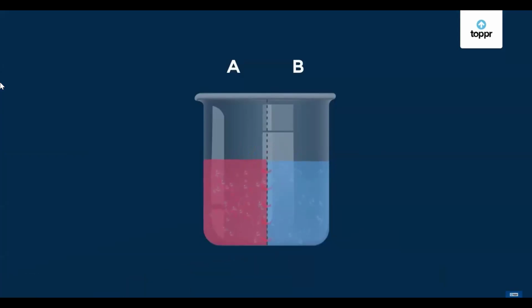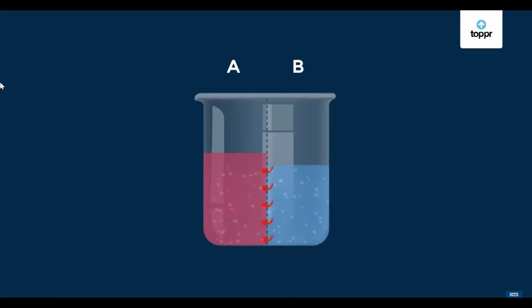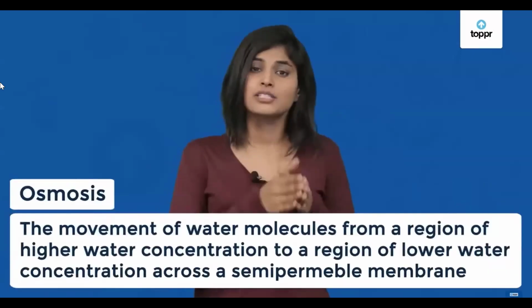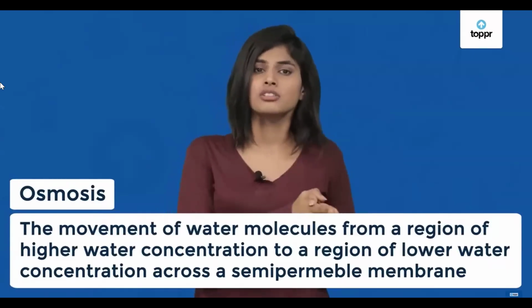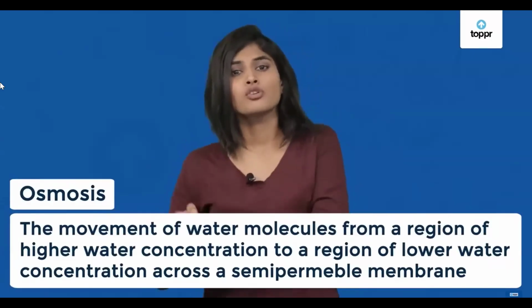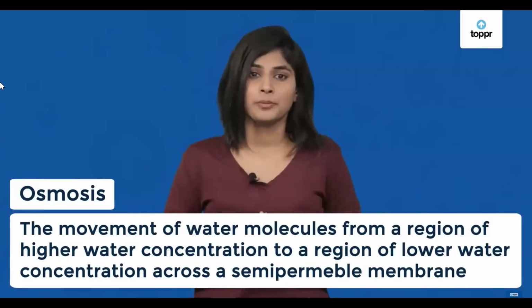Obviously, since a higher concentration of free water is in B, it would be from B to A. We use a special term for this type of movement of water. It is called osmosis. We can define osmosis as the movement of water molecules from the region of higher concentration to the region of lower concentration across a semi-permeable membrane.